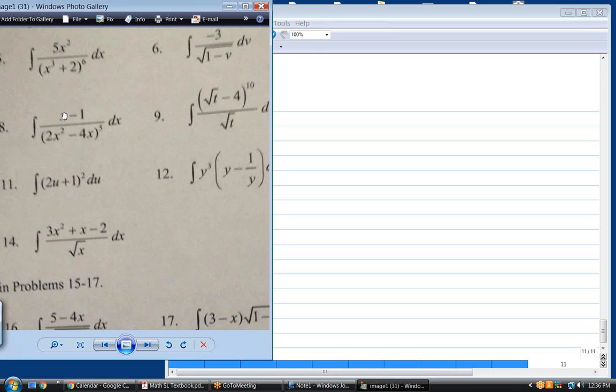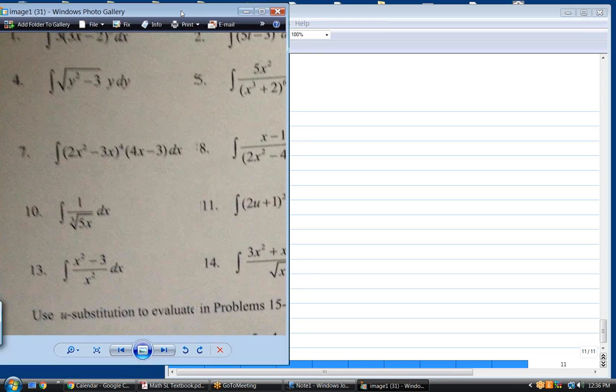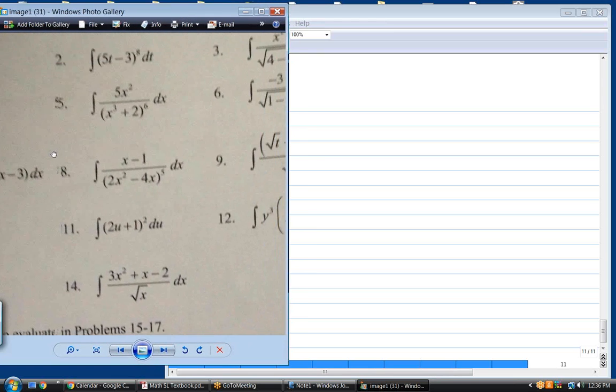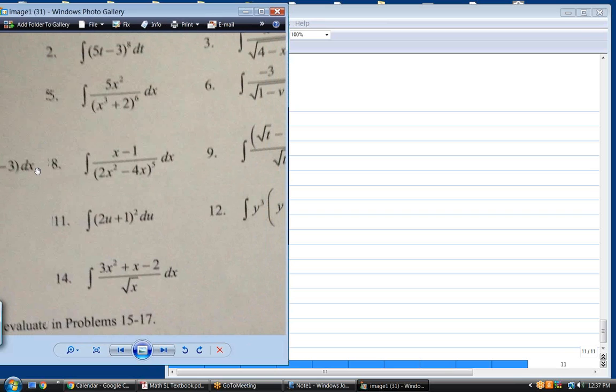Well, if we look at number 5, what's the derivative of the inside? What's the inside, first of all? Is number 5 one of those where you could just bring the bottom to the top and then multiply it out, then use the power? Yes, you could do that.